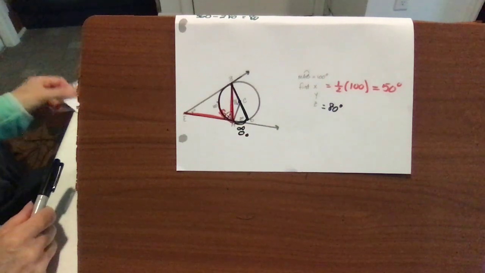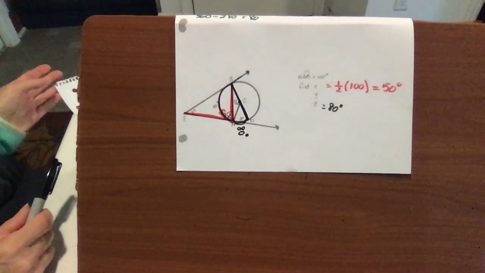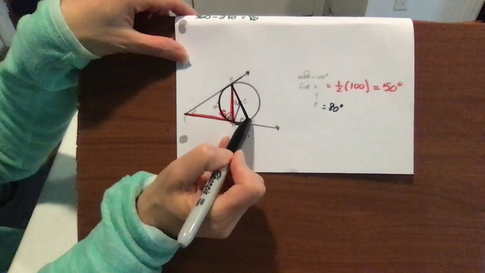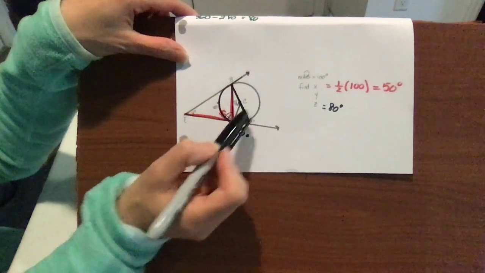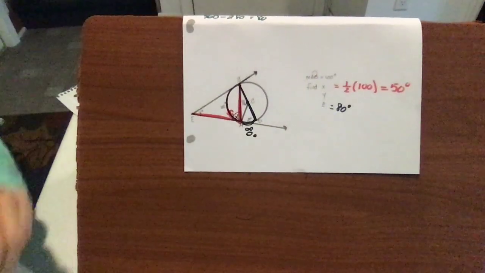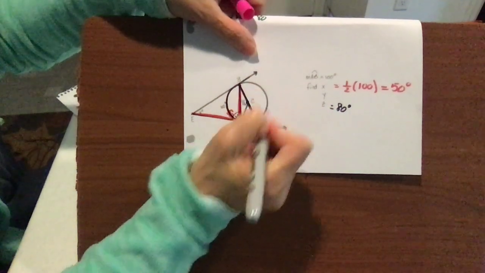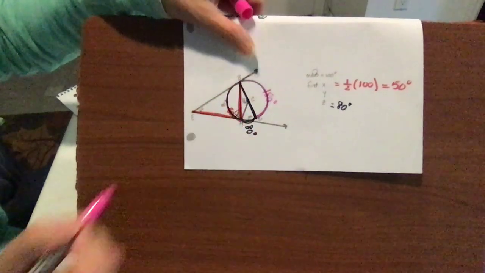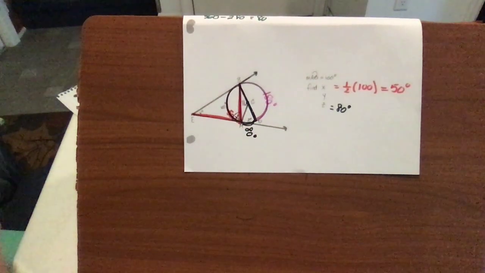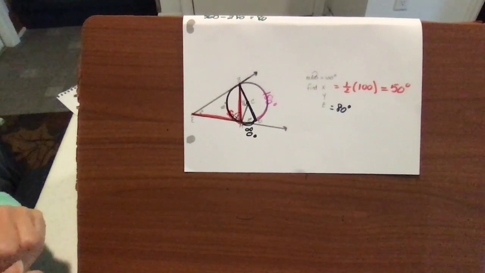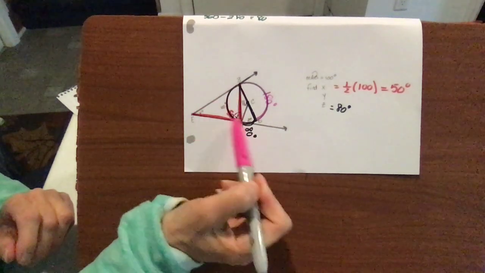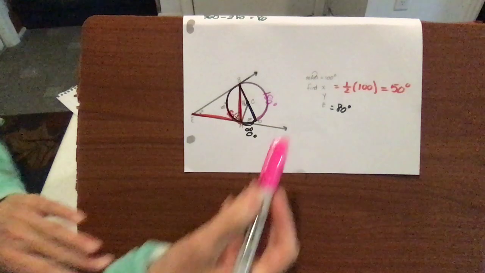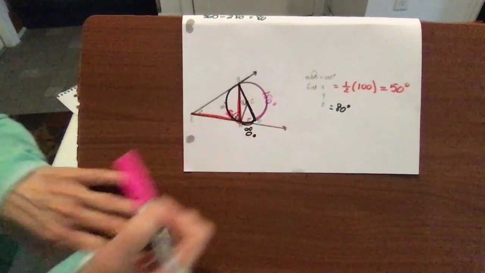There are a few ways in which you can find angle Y. One of them is you can find the rest of this arc here. So since this is a diameter, this would be 180 all together right here from B to D. Now, we haven't learned yet really about the exterior angles to a circle, but the rule is that the intercepted arcs get subtracted and divided by 2.